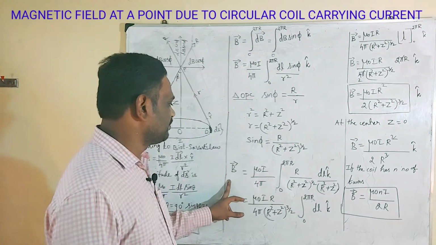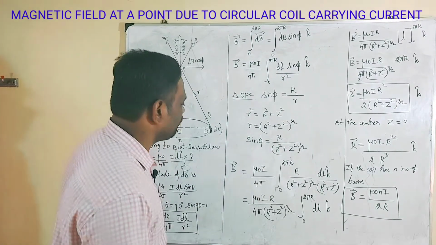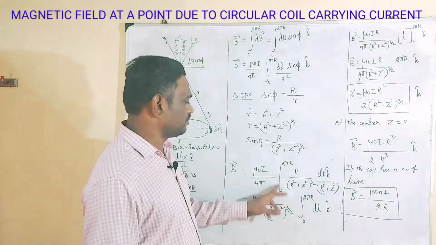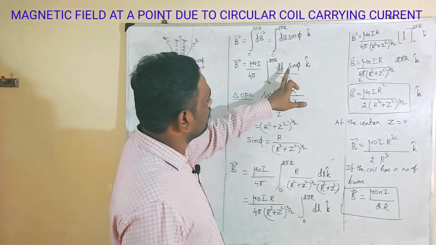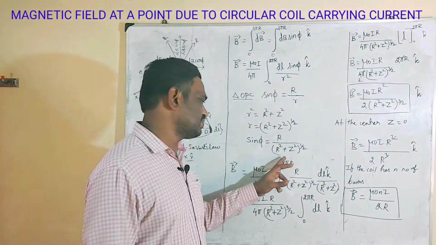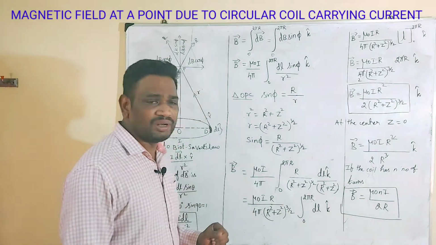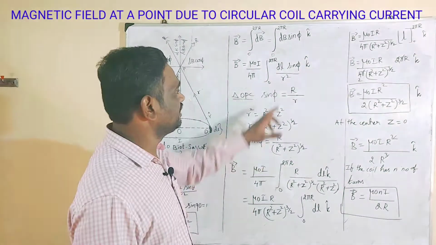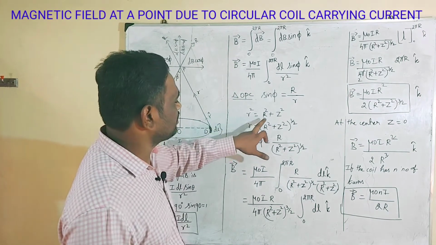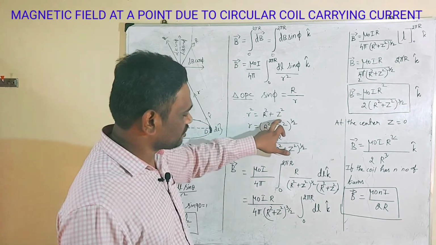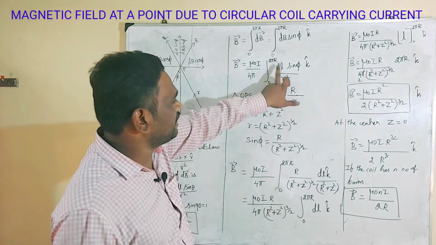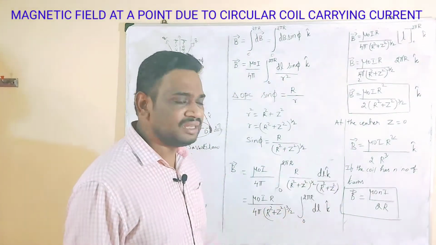So B vector is equal to mu naught I by 4 pi and then integral of 0 to 2 pi, instead of sin phi, I am going to substitute R by R square plus z square whole power 1 by 2 and then divided by r square. Here I know the value of r square is capital R square plus z square, and remaining terms are dl into k cap.